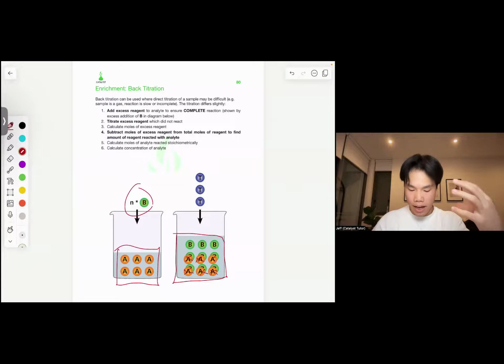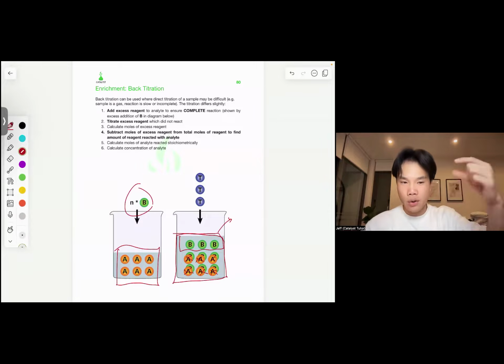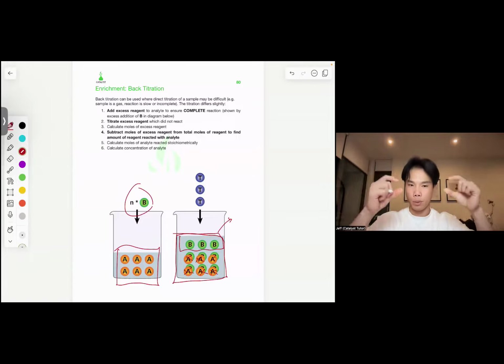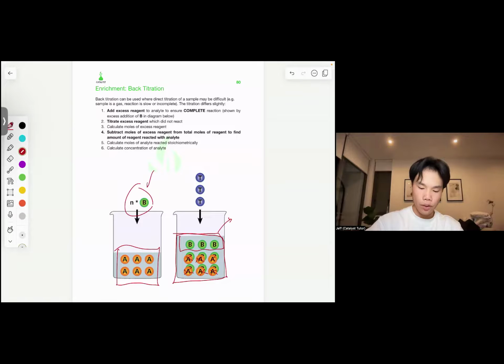That will leave you with an excess amount of titrant, and you go and titrate this excess, because that allows you to find how much was left over, which allows you to find how much was reacted if you know your initial amount that you added. So this, in combination with this, allows you to find this.